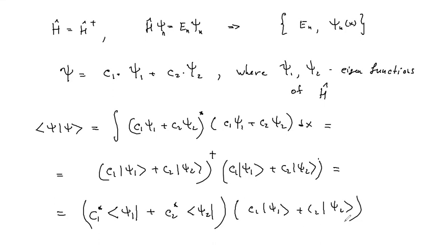So now I can open brackets. If you don't like bracket notations, you can just open brackets here. If you like bracket notations, you don't have to write integrals all the time. It's just a language, how you're gonna write or manipulate it.